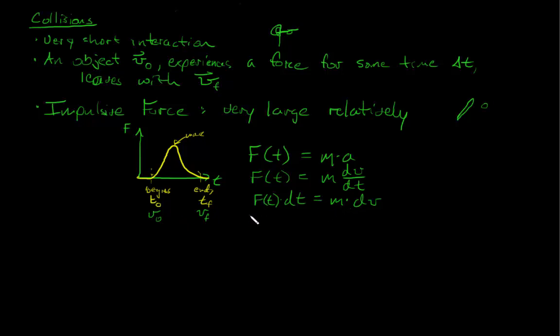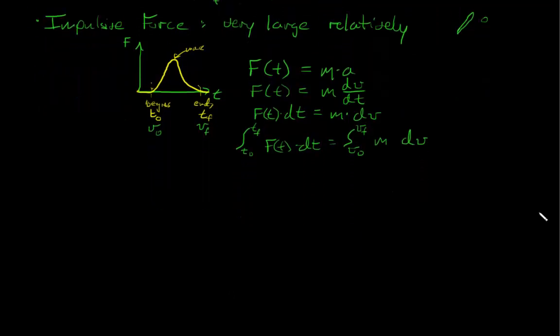So integrating over here, you get the integral from t naught to t final of the impulsive force with respect to time. And on the other side, you'll get the integral from v naught to v final of mass times dv. And I know your integration isn't there yet, I know y'all are just learning it, but on this side, we just leave it alone.